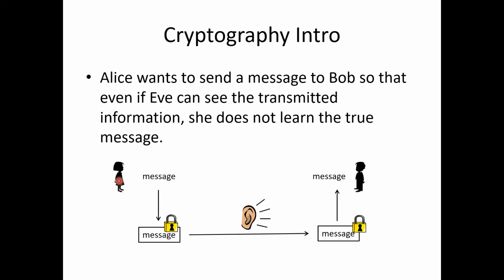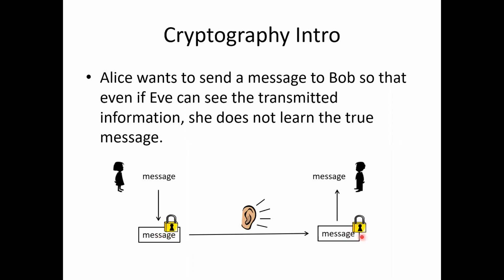So Alice and Bob need to have some method that allows Alice to convert her message into a cipher, encoded in some way using a key, and what she will transfer over the public channel is that cipher.